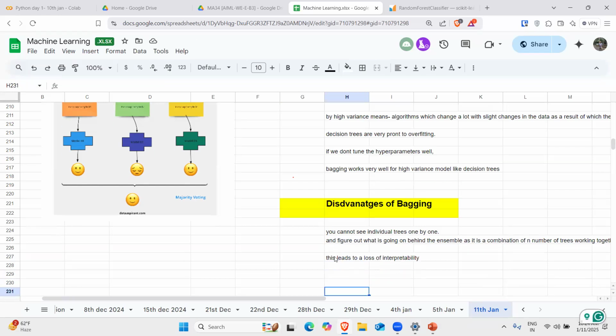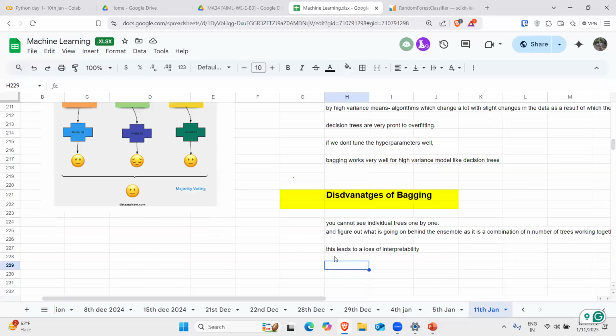It also does not work well when any feature dominates, because of which all decision trees look similar, and hence the property of diversity of the ensemble will also be lost. We'll see every point out there.